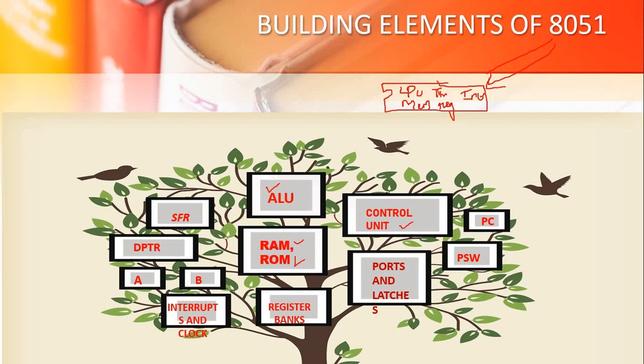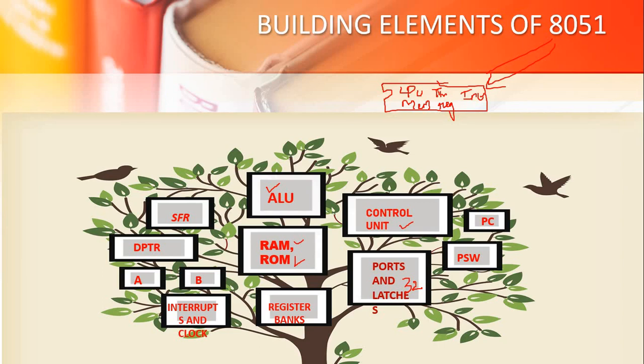It sends the fetched instructions to a control bus. We also have ports and latches. I already said that the IC has 32 IO pins, so to drive all those IO pins we need port pins and a port driver circuit. That is the ports and latches.